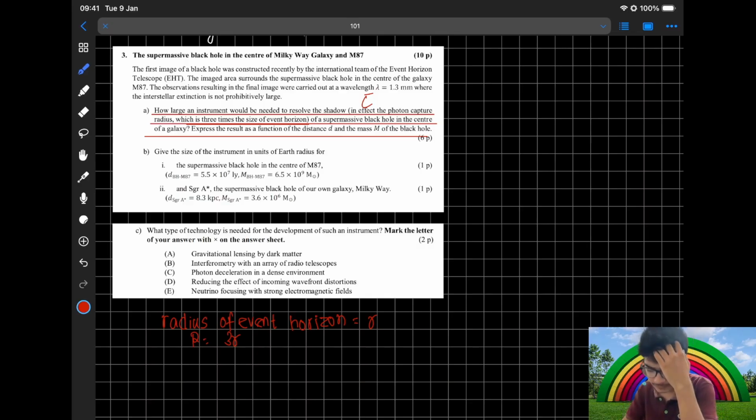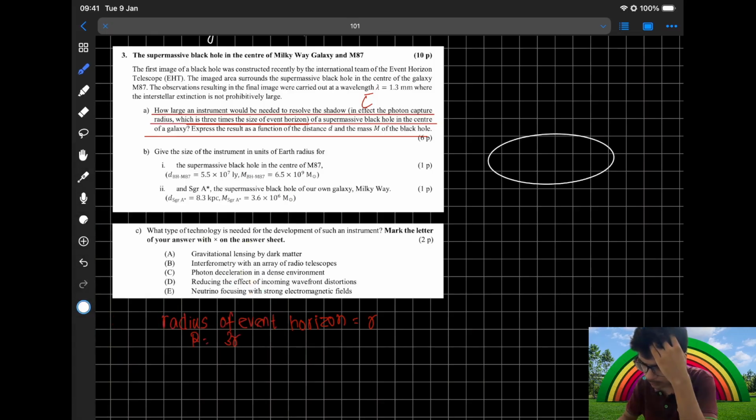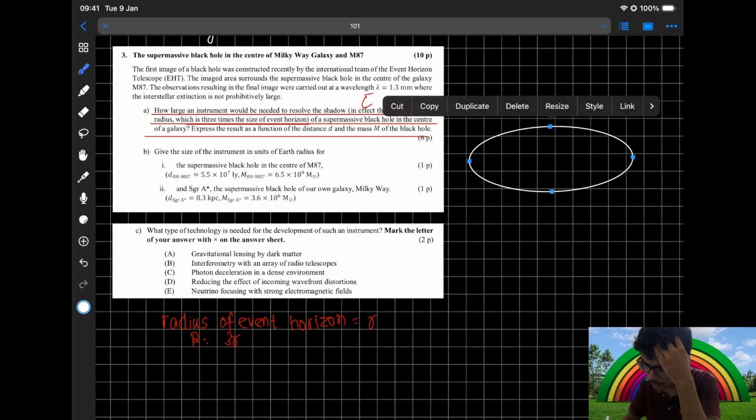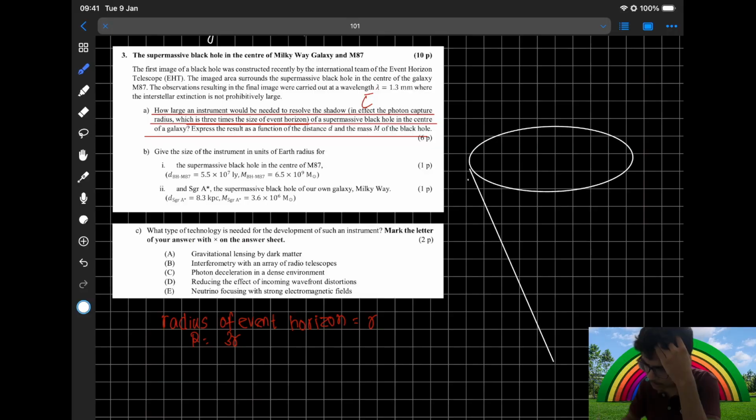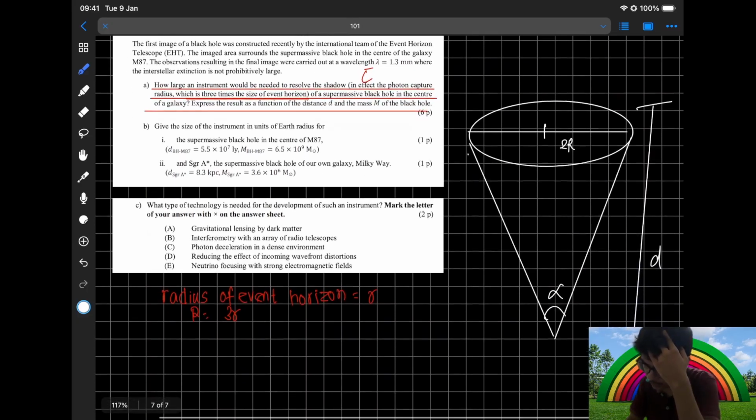What we do have here is, let's suppose this right here is alpha, and suppose this is going to be 2r.